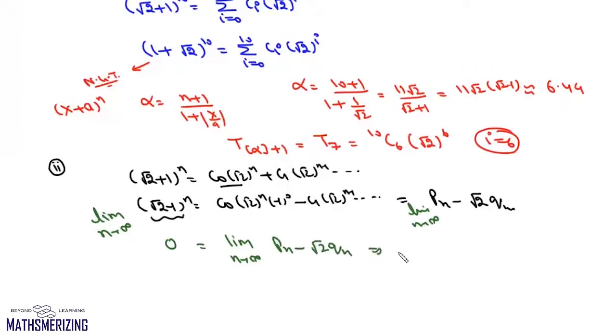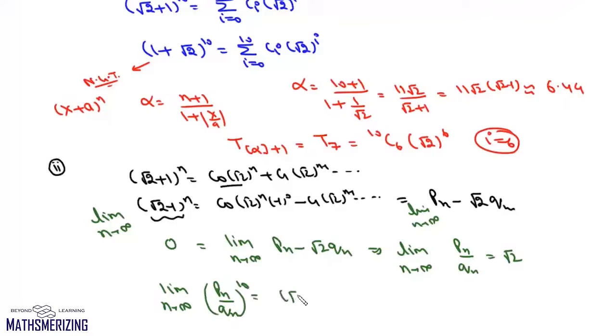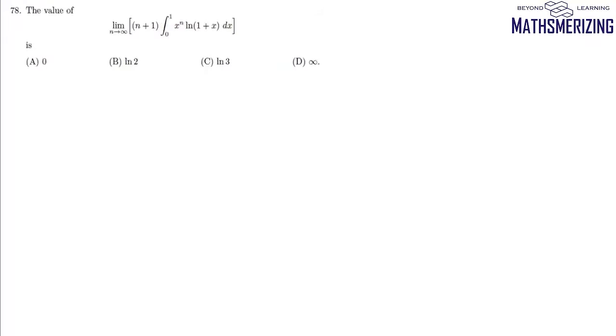We can also write this as limit n tends to infinity pn upon qn, it will be simply root 2, and then limit n tends to infinity (pn upon qn) to the power 10 will be root 2 to the power 10, which is simply 32.